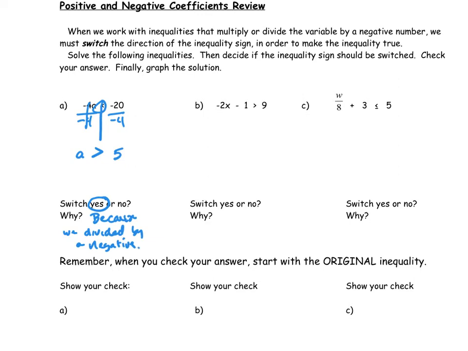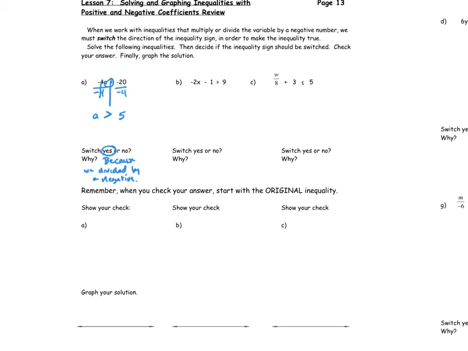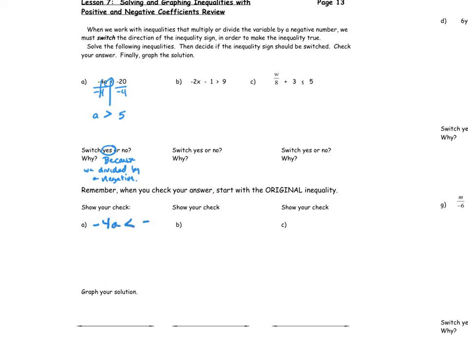All right, so now let's recall how we would check that. So we're going to start with the original inequality, and that started out as -4a, and that was less than -20. That's the original. So we now think our solution is a number that is greater than 5.